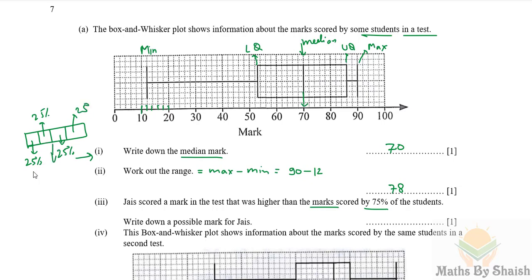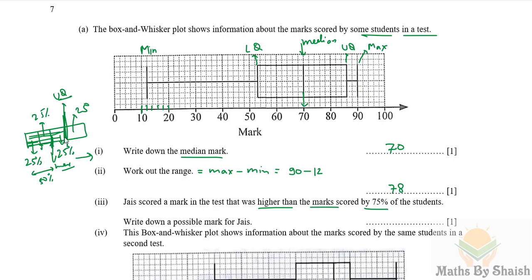Now this mid value means complete till here it is 50%, and that's why it is called median. Now we require the marks scored by 75% of the students, meaning higher than that. If we take this value it is 25% of the data, this value then it is 50%, and if we take this value, this is going to be the upper quartile, and below it there are going to be 75% of the data.